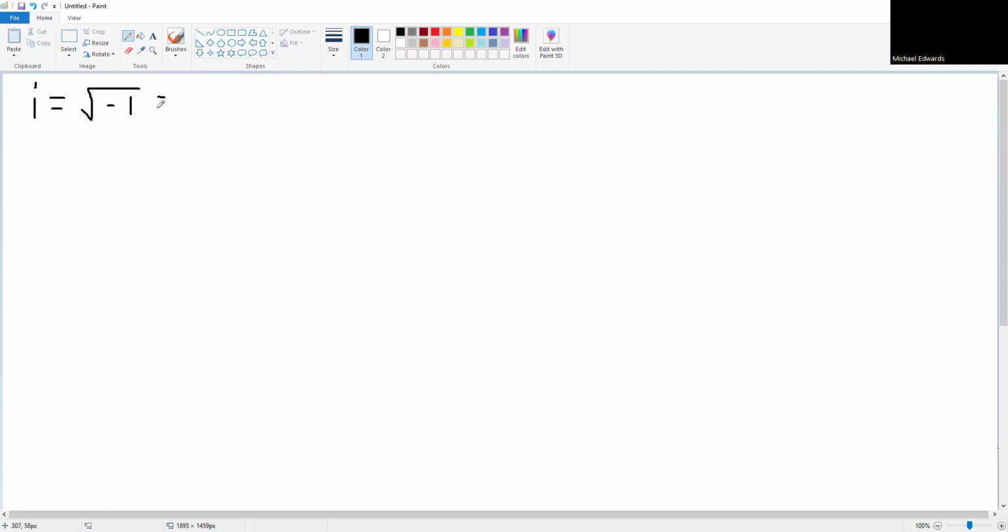So this is just i. i squared equals -1. i to the third is -i. i to the fourth is 1. And all of this is in your book. I forgot to mention that.